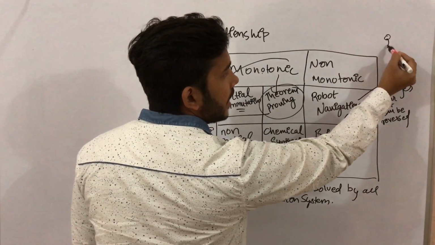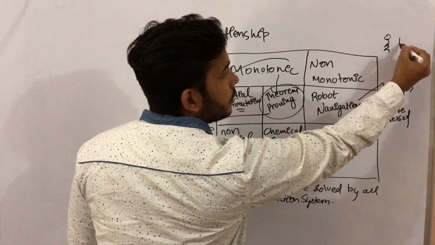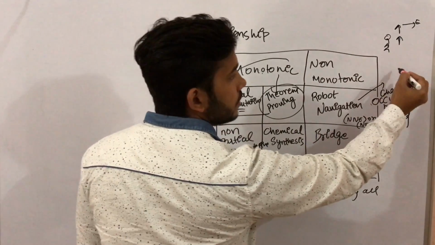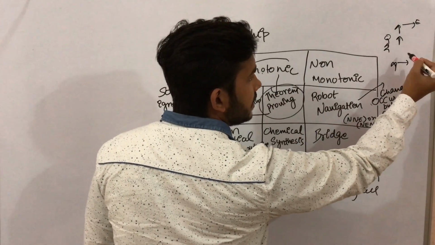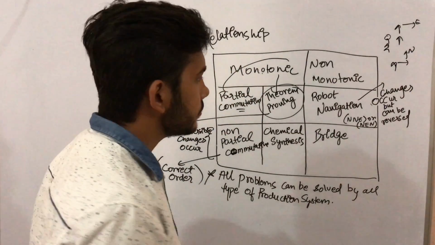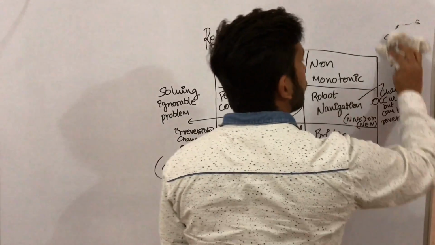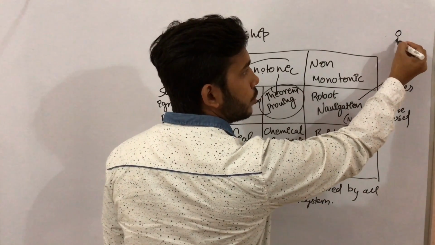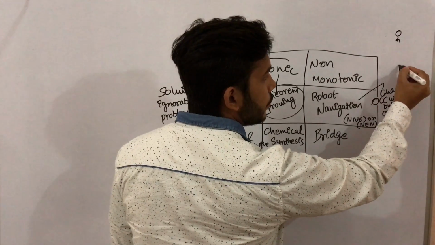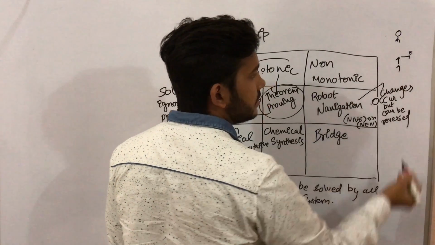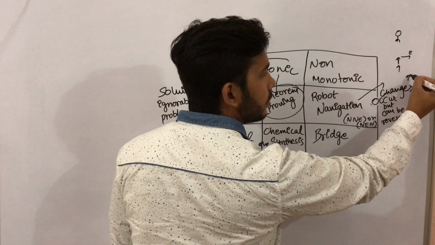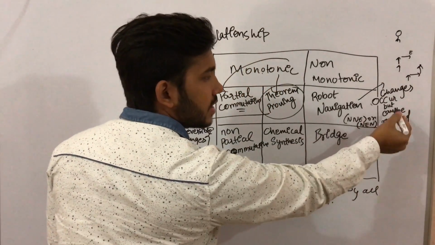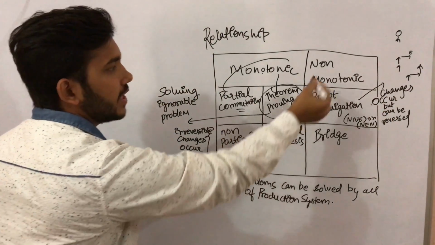Suppose there is a robot and it wants to go to some destination and you have chosen north, north, east, and if you have chosen north, east, north, then in both cases it will be in the same place, means changes occur but can be reversed. This is a category of partial commutative and non-monotonic system.